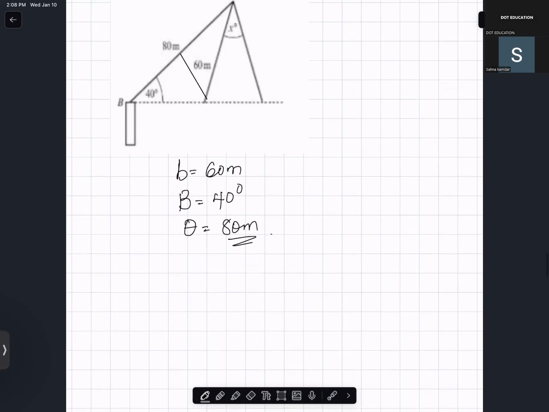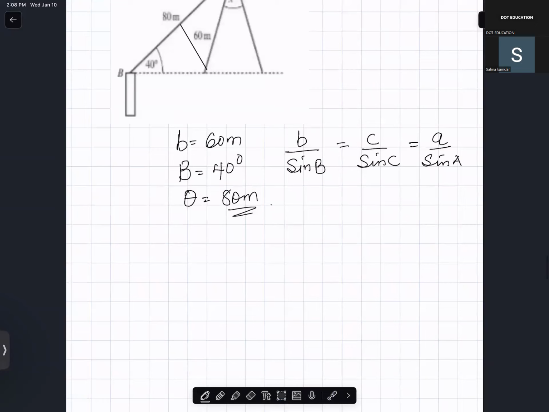So I'm going to look for theta. Which of the rules can we apply here? We apply the sine rule, which we have as b divided by sine b equals c divided by sine c, or a divided by sine a.